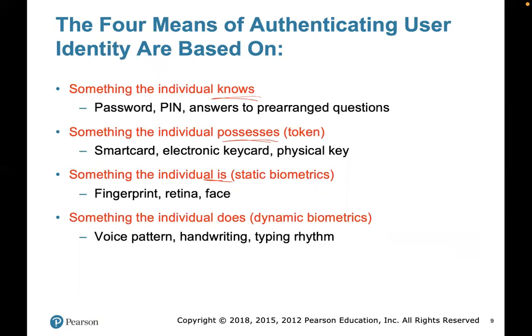Out of these four different categories of token, something that the individual knows is the most widely used one, and out of them, password is again the most widely used. So in this lecture, I'm going to assume that we focus only on password-based authentication, and I'm going to talk about its details, the implications, the vulnerabilities that it has, and the way that it works.